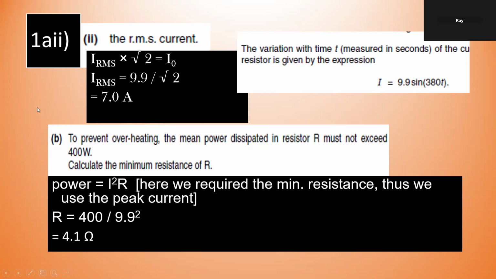For minimum resistance, we want the peak value. We cannot use the root mean square value. Peak value, otherwise it will break down. Okay or not? Okay.